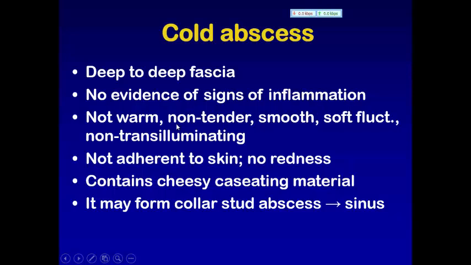Not warm, not tender, like any other classical inflammation. It is a smooth, soft, fluctuant, non-transilluminant swelling. It is not adherent to skin and no redness. Contains cheesy caseating material. It may form a cold abscess and then sinus.